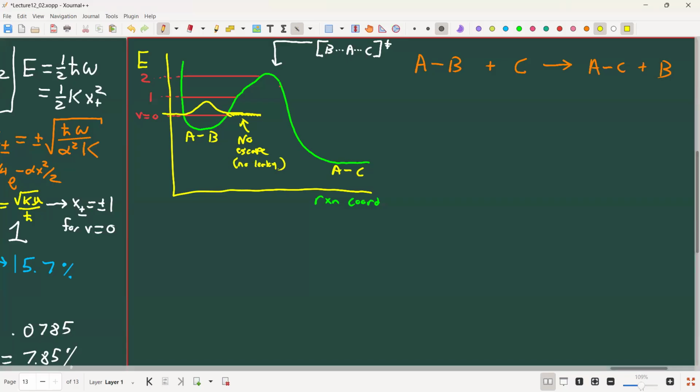In order for it to leak out, there has to be some probability that it ends up on the other side of the barrier, A and C. What is going to happen here is that if AB vibrates and the bond reaches kind of into the barrier region, it actually just reflects back like a wave. It hits a wall and it reflects back.